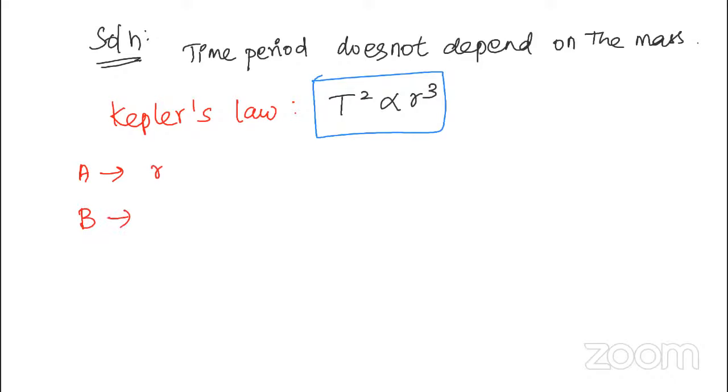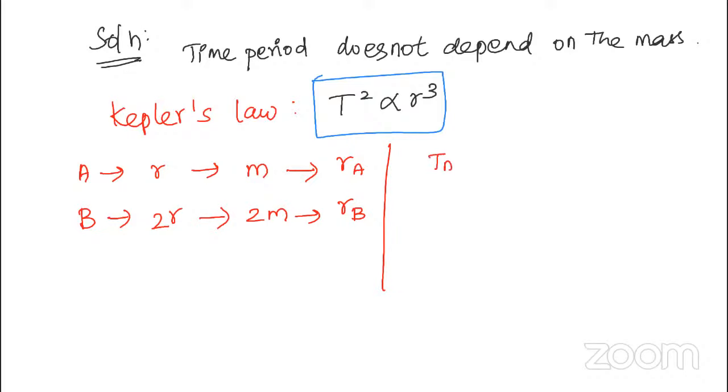The first one has distance r and mass m, so we simply write it as RA. And here they have given 2r and 2m, so take the radius value as RB. Let us now substitute in this equation: (TA/TB)^2 is equal to (RA/RB)^3. So we have rearranged the formula for satellites 1 and 2.